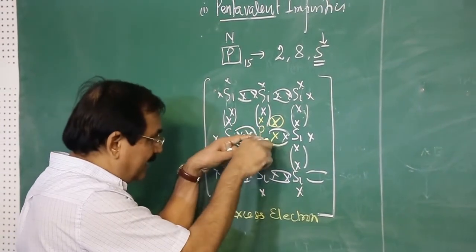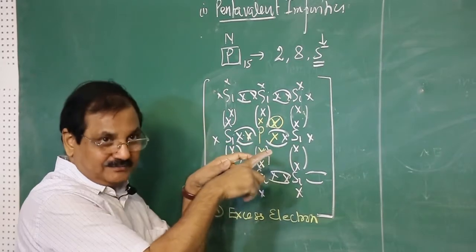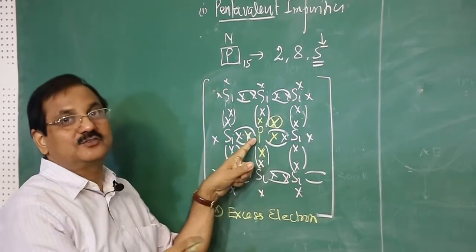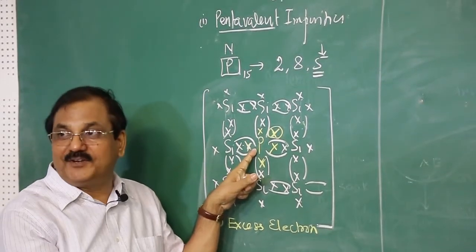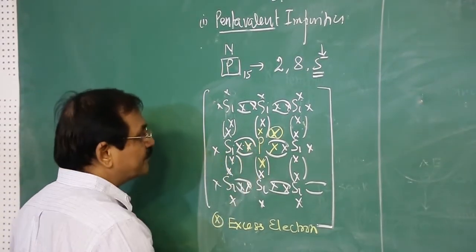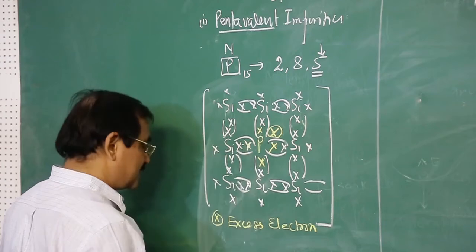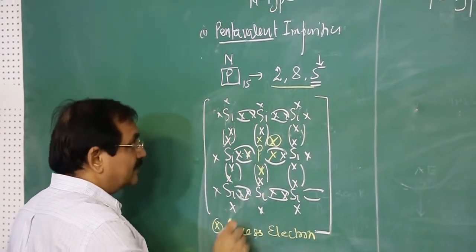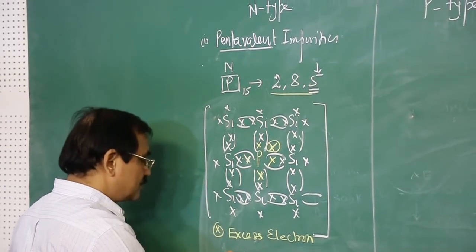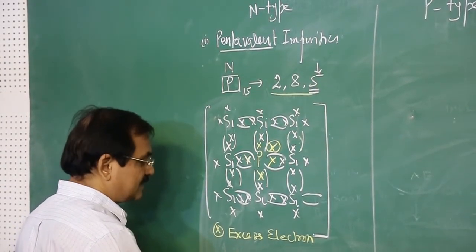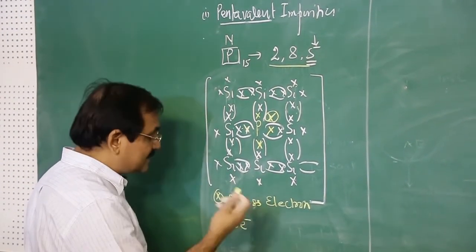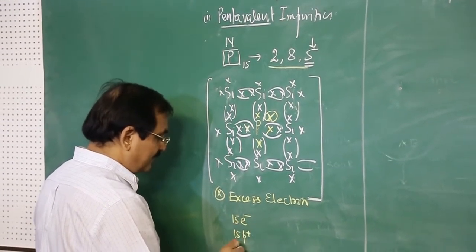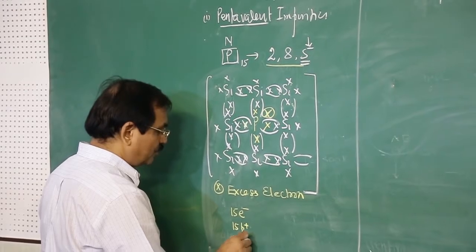At this point, phosphorus does not require this electron. It behaves like a free electron, because in phosphorus there are 15 electrons, and inside the nucleus there are 15 protons and 15 neutrons, suppose.